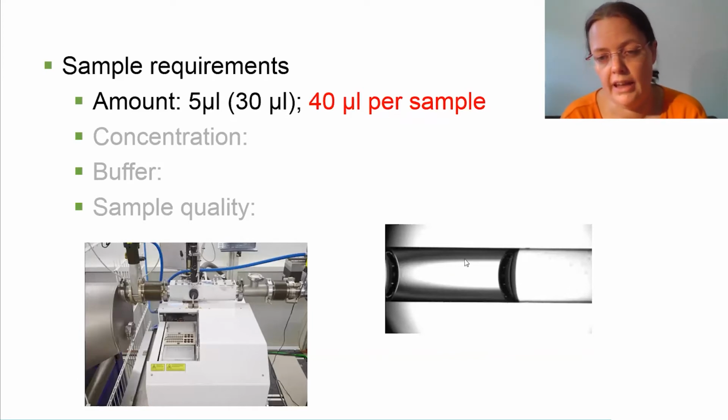So to prevent radiation damage, we normally flush the sample through. So 40 to 50 microliters per sample would be the optimum to prepare. And of course, always more is better, to be able to do some follow-up measurements or some repetitions if you're uneasy about something.